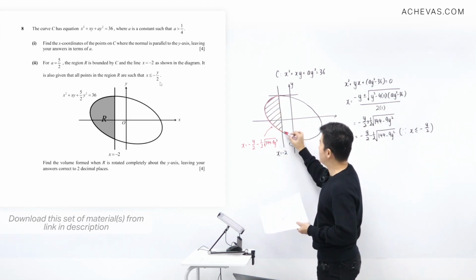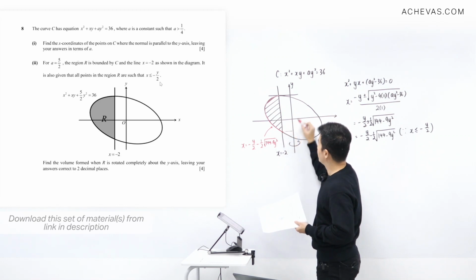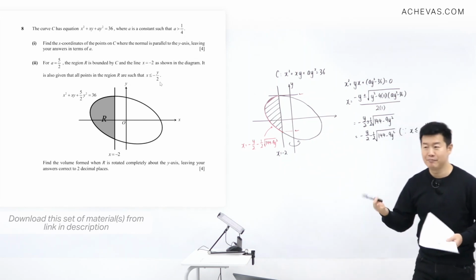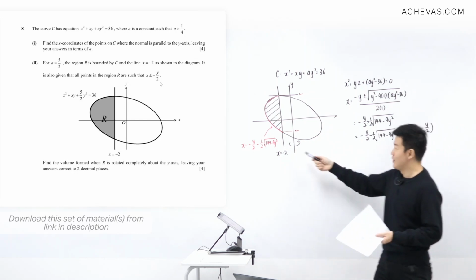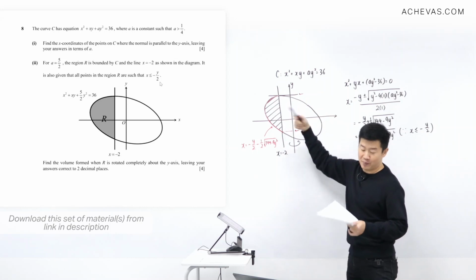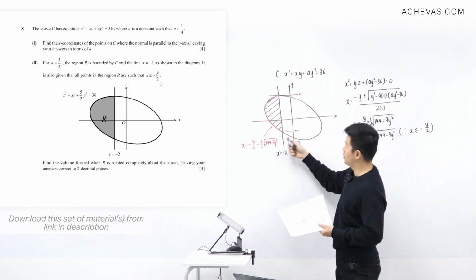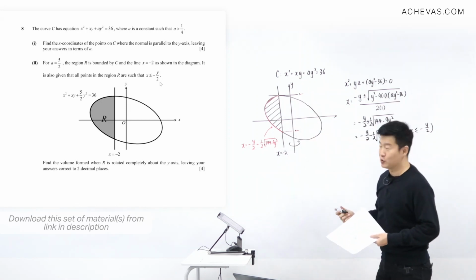We will also need the y coordinate of these 2 points here and also here. So assuming that we didn't make that analysis, because we do know something about this point from part 1, right? But we can also find the y coordinates of these 2 points by letting x be equal to minus 2.